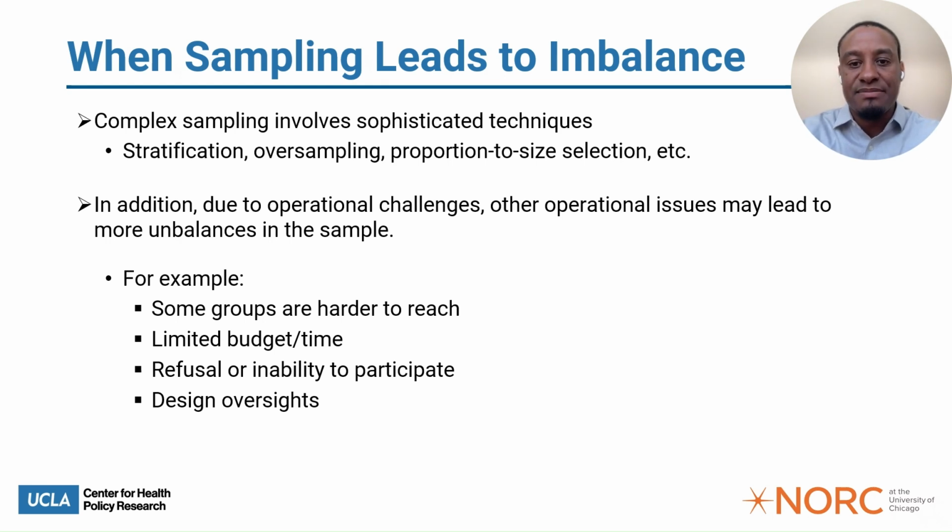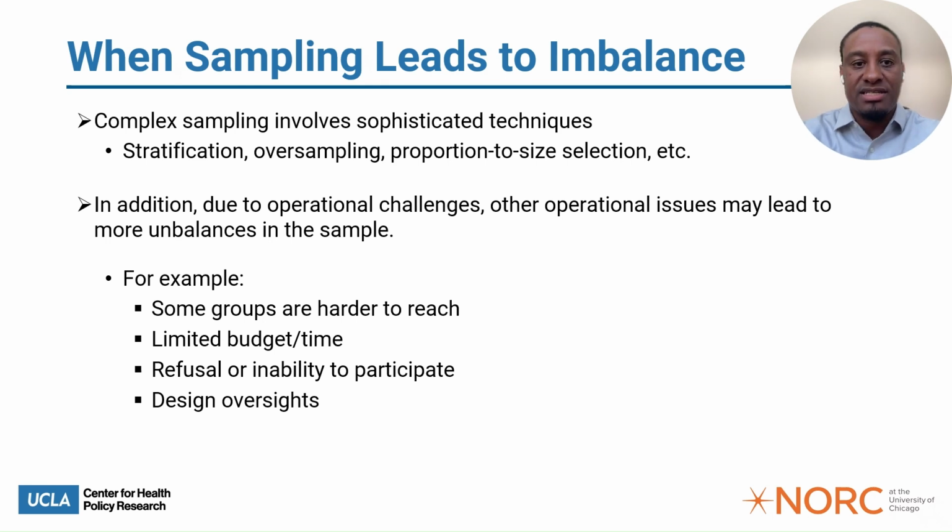We may sometimes select at a different rate across the groups, leading to imbalances. Also, oversampling is a situation where we have a group we are interested in that has a relatively small share in the population. To make sure that we have enough sample size for accurate analysis, we may increase the sampling rate for that group, leading to imbalances.